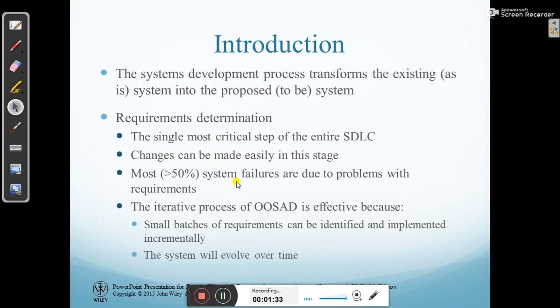The system development process transforms the existing system into the proposed system. To determine the requirements, we need to find out, suppose, the single most critical step of the entire SDLC, the software development life cycle. We'll discuss every step of the software development life cycle in upcoming videos, but it is the most critical step to find out the requirements of the system.